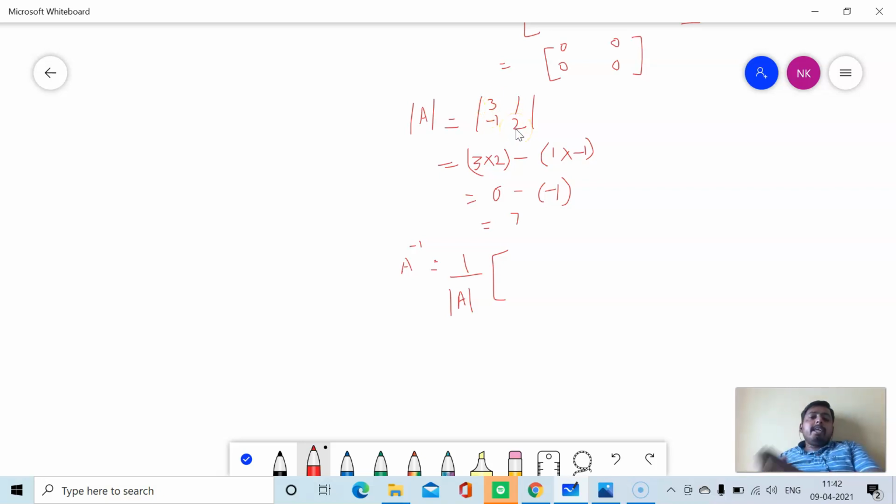So 2 will come here and 3 will come here. The 1 and minus 1 you have to keep at the same places but change their signs. So 1 will become minus 1 and minus 1 will become plus 1. So it is 1 upon the determinant of A, which is 7, into 2, minus 1, 1, 3.